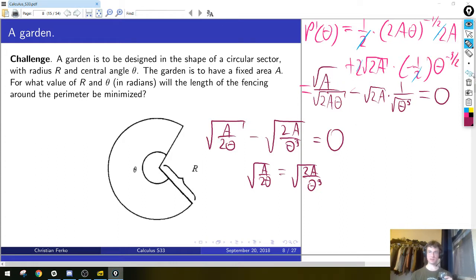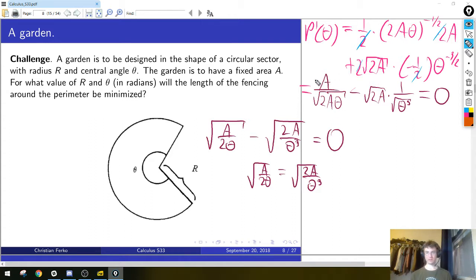That was the step I did to write this as a over root 2 theta. I just moved the a not under the square root into the square root. Okay, because for whatever reason I was thinking that the square root of 2a theta equals square root of 2a times square root of theta and zeroing stuff out. It wouldn't have worked, because I would have been dividing a denominator and not actually canceling anything out.